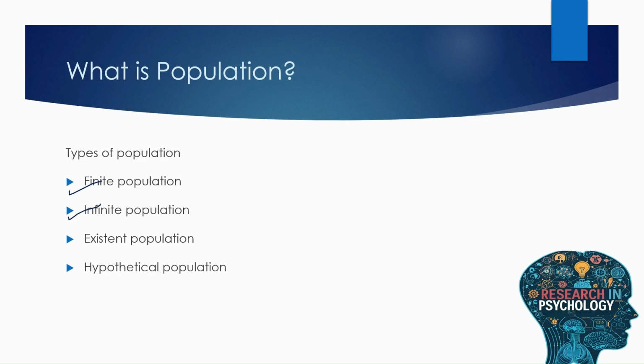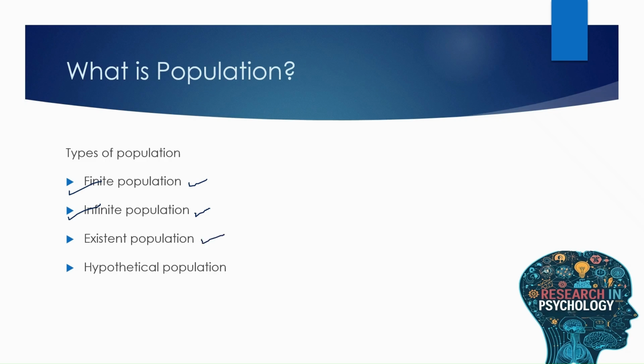In infinite population, you will not be able to find exactly what the population size is or the number of individuals or objects present in the population. It will be uncountable. So you cannot determine the population size in infinite population. In case of finite, you will be able to determine the population size. It would be a fixed number.